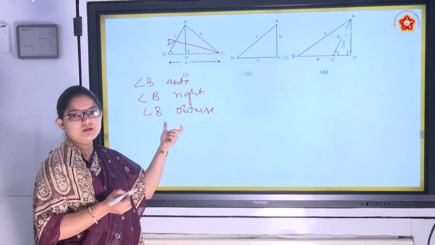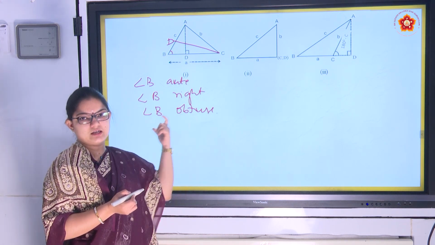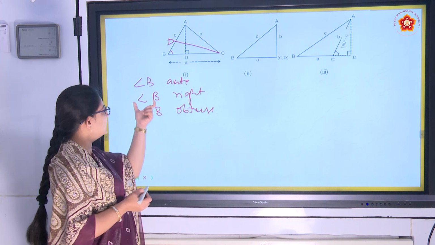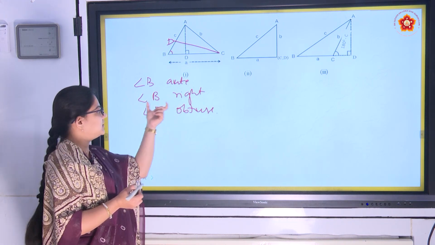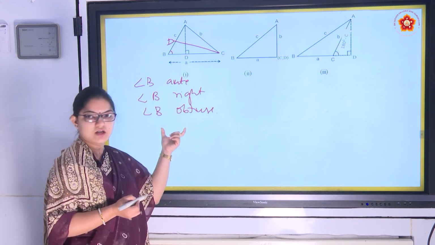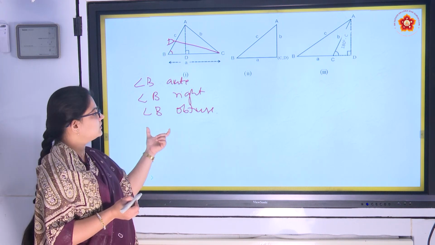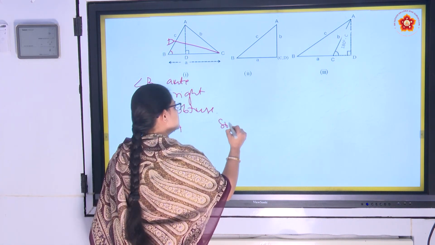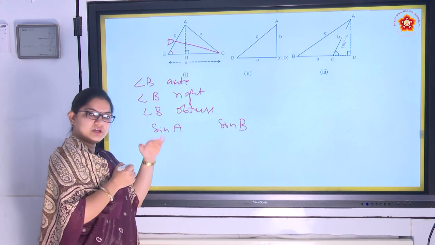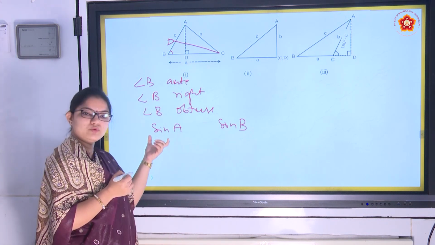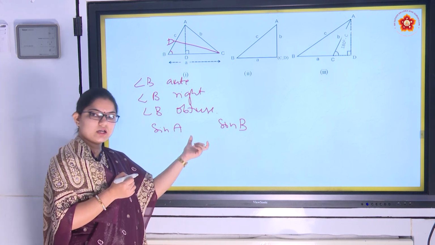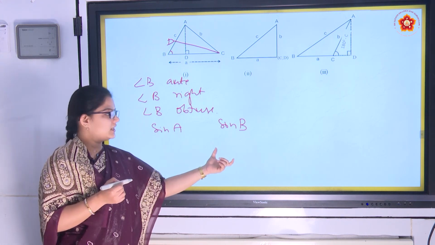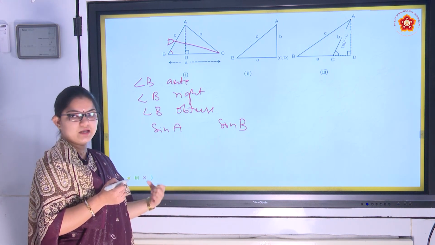So you get the perpendicular CD in all the 3 cases. And then you have to find out what is sine A and what is sine B. Previously we found sine B and sine C. Instead you have to find sine A and sine B and follow the same method.